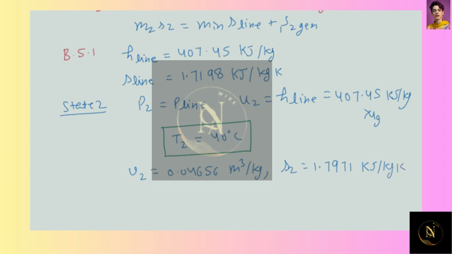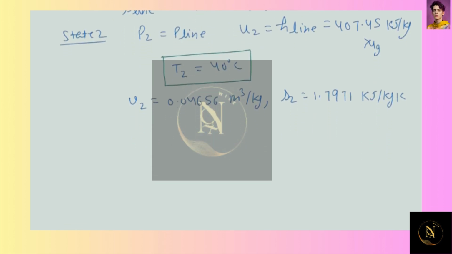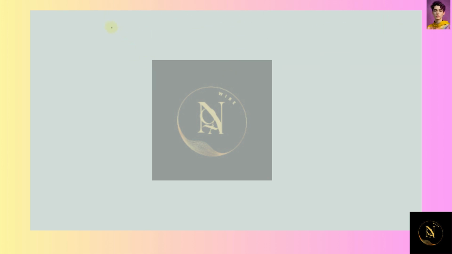Now let's apply the formula to calculate mass m2, and this will be equal to capital V upon small v2. Now let's substitute all the values. So we will have m2 is equal to 0.2 divided by 0.04656, and this will be equal to 4.296 kilogram. So this is the final answer for the mass.